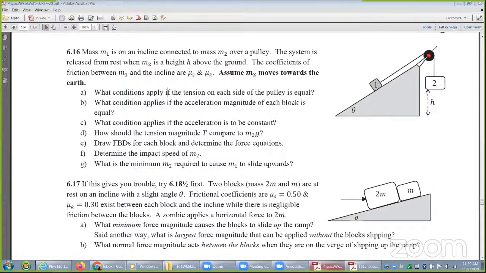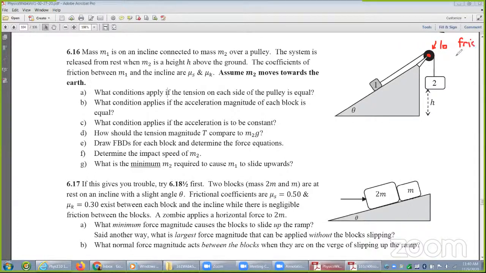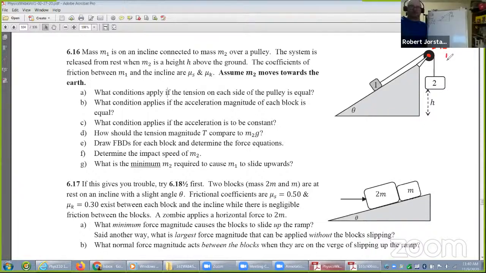Yeah, negligible axial friction and low mass. If the pulley is massless relative to the blocks, which it usually is, and as long as there's not a ton of axial friction, that's what helps us say this stuff.